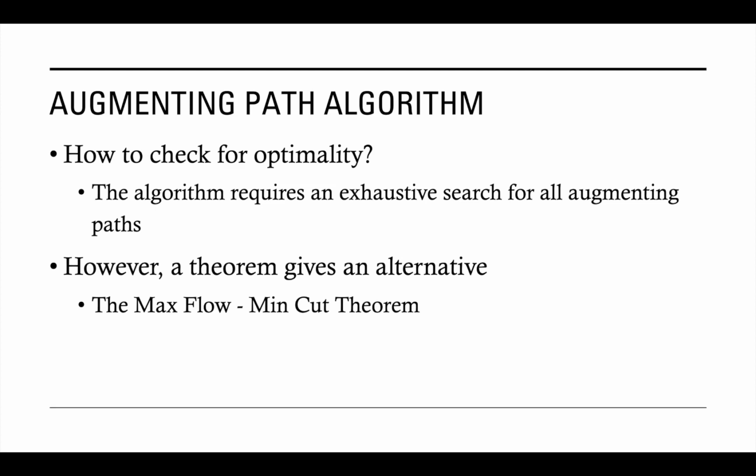But the problem is when we increase the number of nodes and the number of arcs, then exhausting the search for all the augmenting paths will be very, very hard. Now, there is a theorem that we can use as an alternative to this augmenting path algorithm. Okay? And that theorem is called the max flow min-cut theorem.